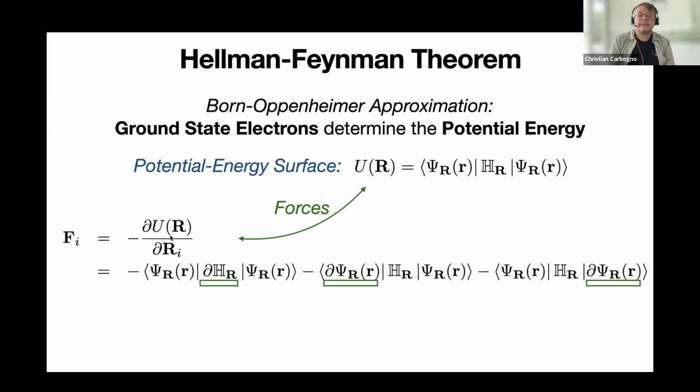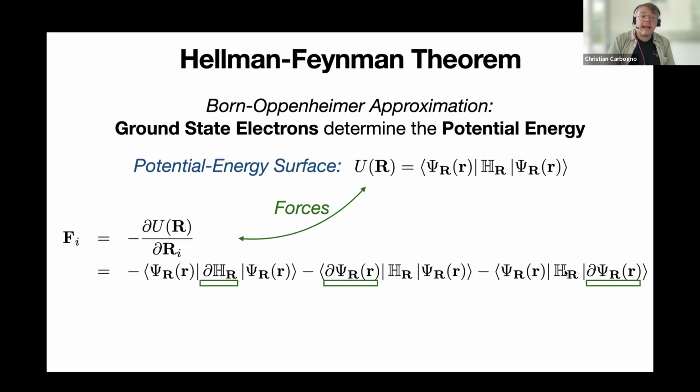Now, it turns out that if you do this derivative, you get three terms. Basically, you get the expectation value of the derivative of the Hamiltonian. And then you get two terms in which you have the derivative of the wave function inside. Now, interestingly, you can show that these second two terms vanish. Why? Because the Hamiltonian acting on the wave function gives you its respective eigenvalue, and then you basically just get the derivative of the normalization condition, and this vanishes.